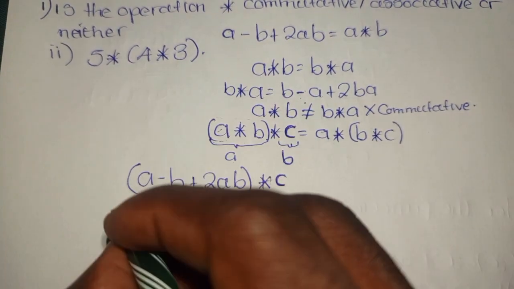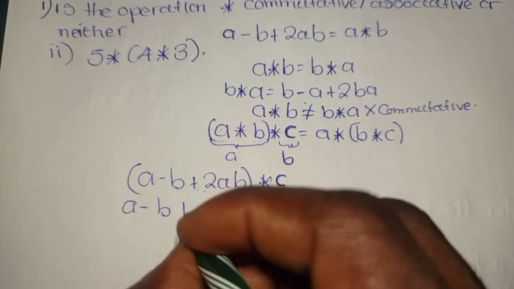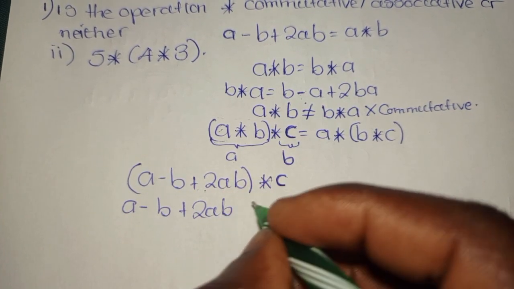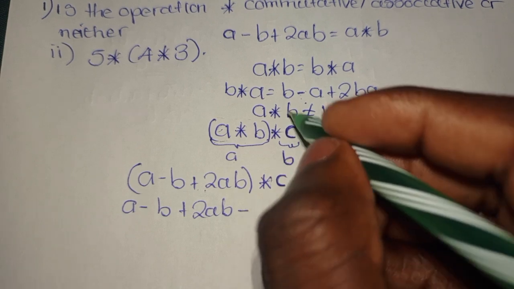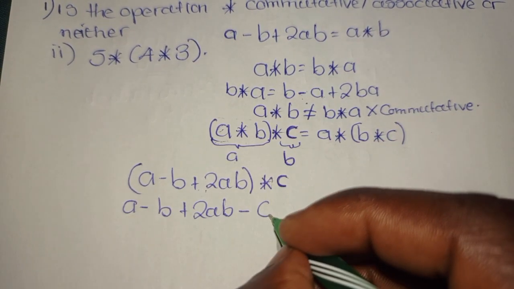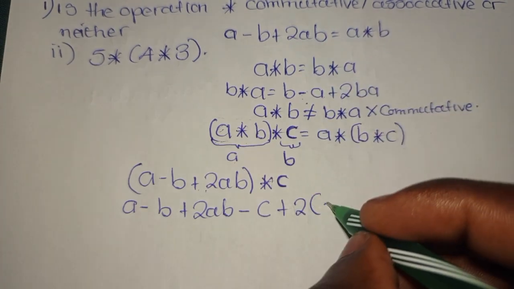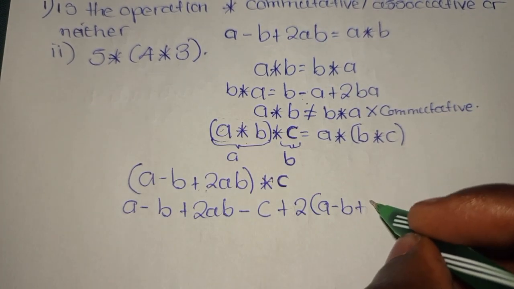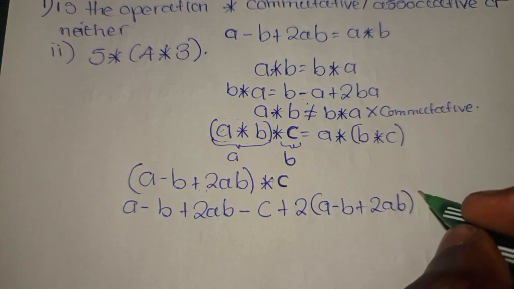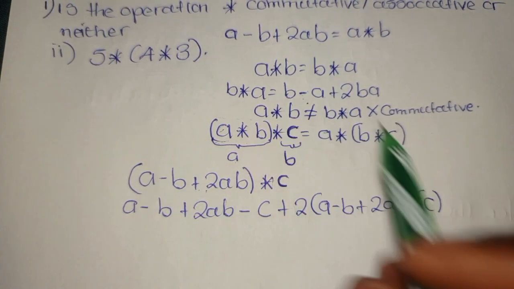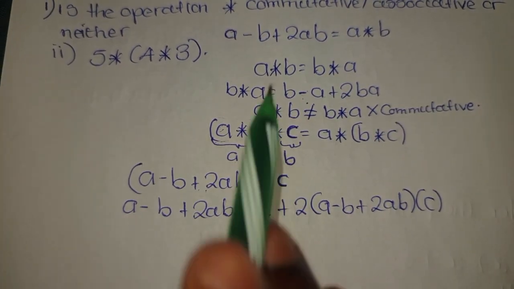So it will become a minus b plus 2ab, minus c, plus 2 times, where A has become a minus b plus 2ab, and the c, and B has become c. So this is the expression that is there.